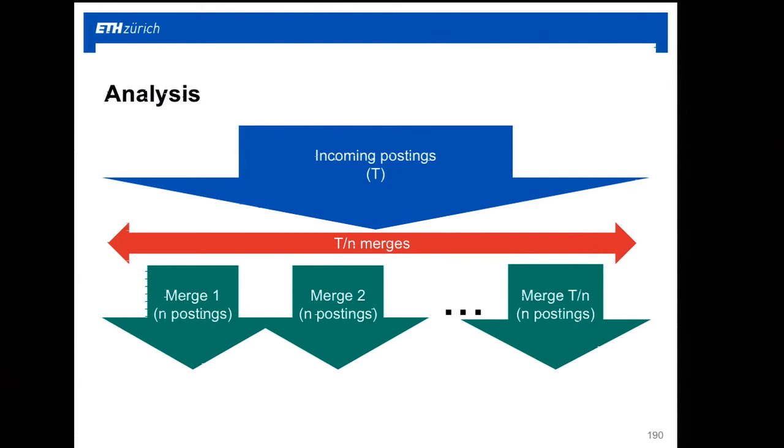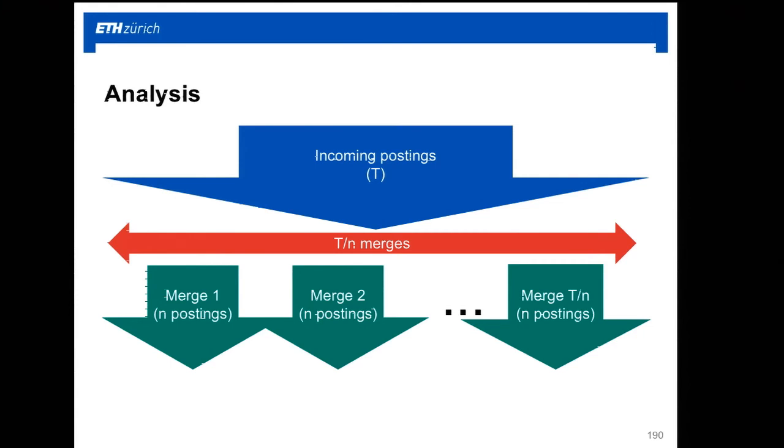And then the memory is empty again, I will start receiving the next n postings from my input stream. Then it is maintained in memory, and bam, for the second time, the memory is full. So I will merge again these n postings onto the disk with the n postings that are already there, and then delete the memory again.